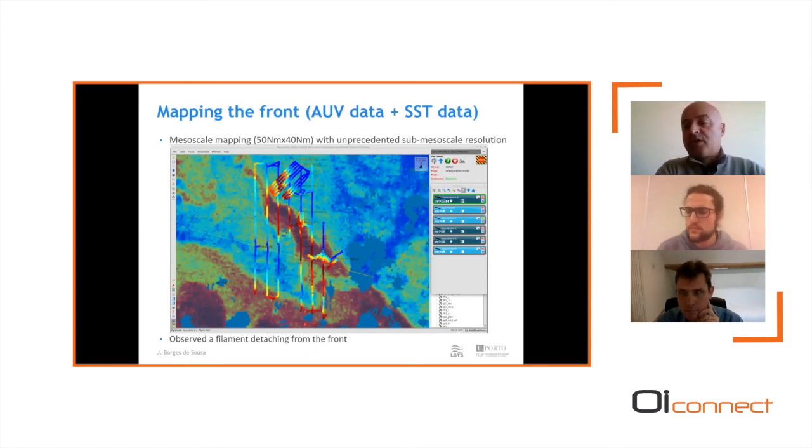Why? Because we had more control of speed, so we could go faster if there was a need to. Our AUVs, of course, in terms of power consumption, you pay a price, but they can top 4 knots. The nominal speed here was 2 knots, but this is what we did.